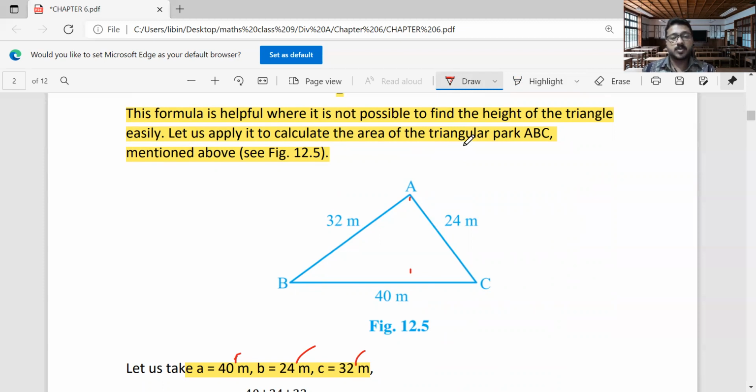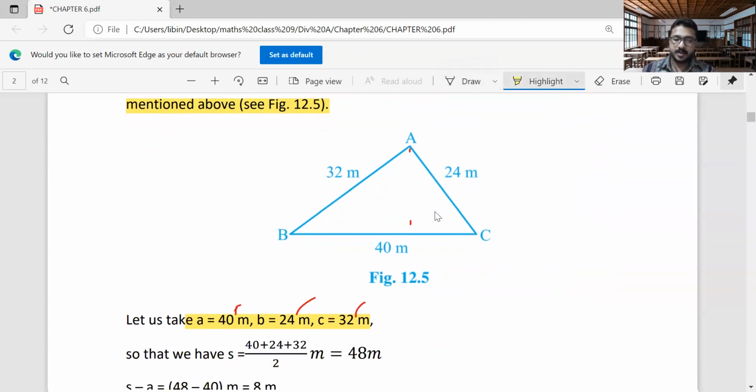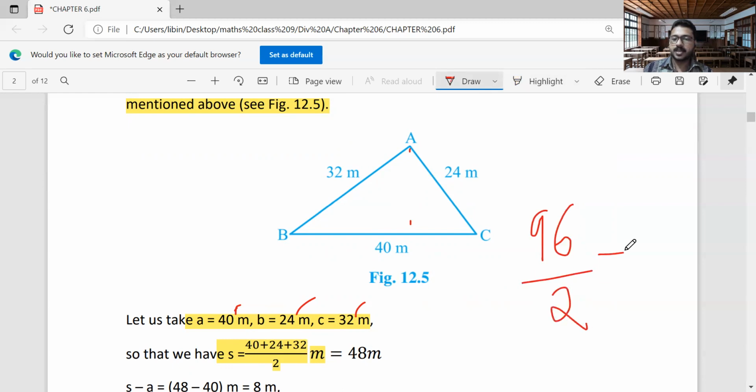For Heron's formula, we need only the semi-perimeter. So the semi-perimeter will be equal to 40 plus 24 plus 32, the whole divided by 2. The sum will give you 96, so 96 divided by 2 will give us 48.